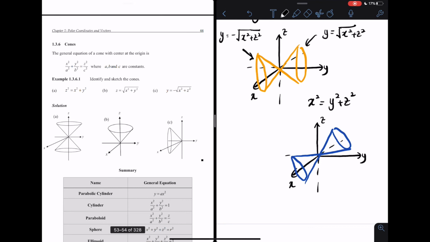So I really hope you can guess what will happen to these two cones. In this case, this part can be represented by x equal to positive square root of y squared plus z squared. Meanwhile, this part of the cone can be represented by x equal to negative square root of y squared plus z squared.